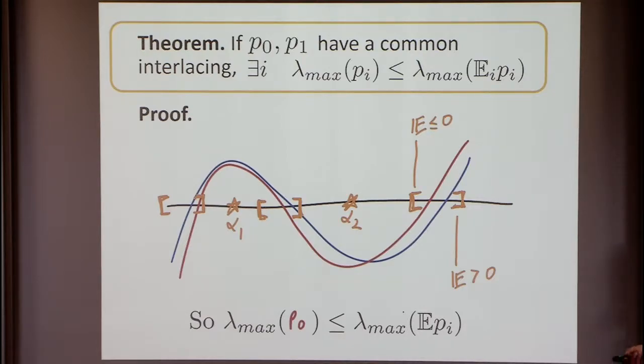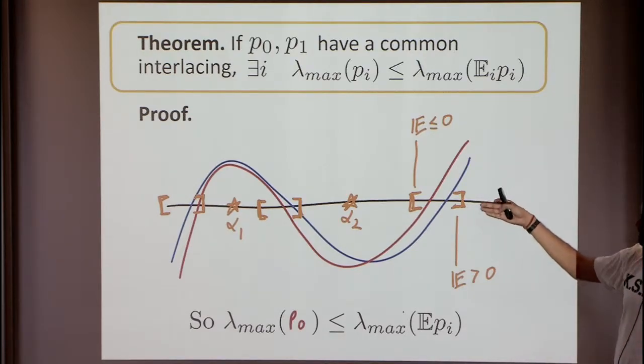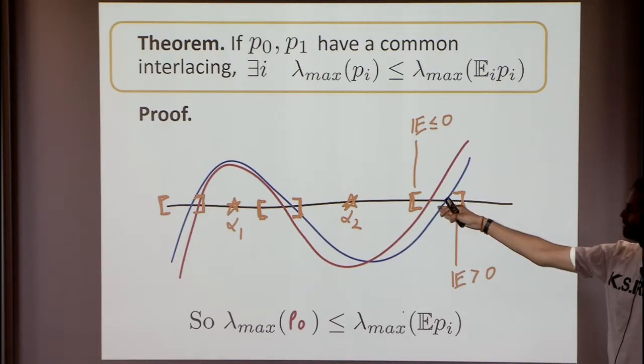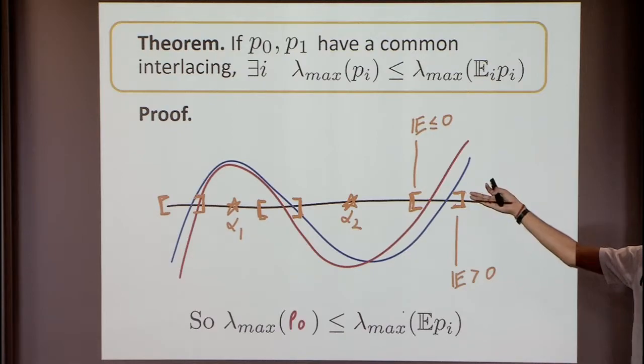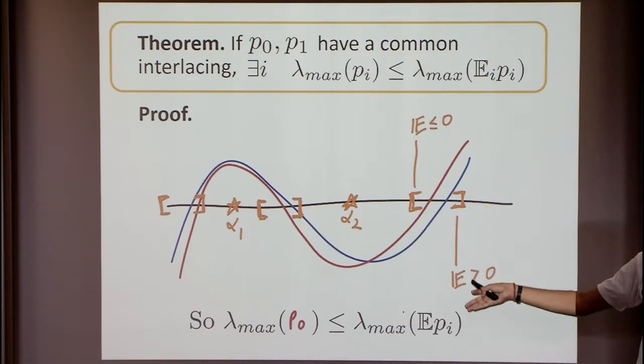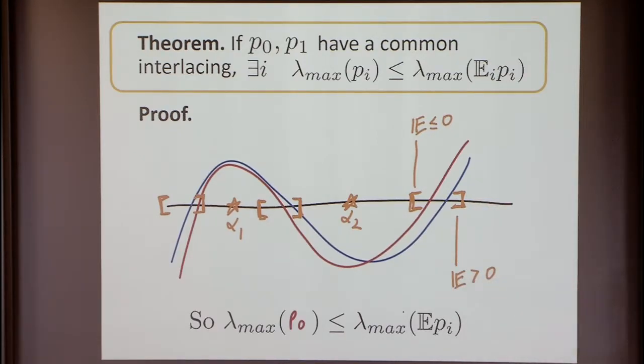And then in particular, the root at the bottom of this interval, which is the root of the red polynomial, is at most the largest root of the expected polynomial. So I find a root of the expected polynomial inside this interval by this averaging argument, and that shows me it's at least the least largest root of the individual polynomials.